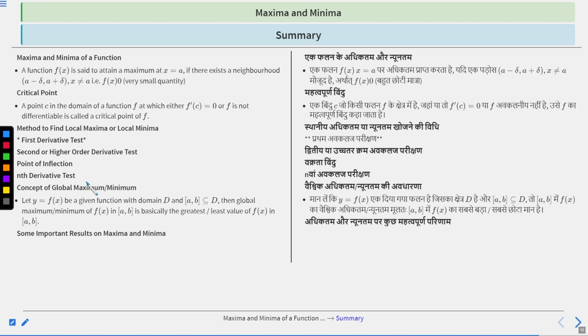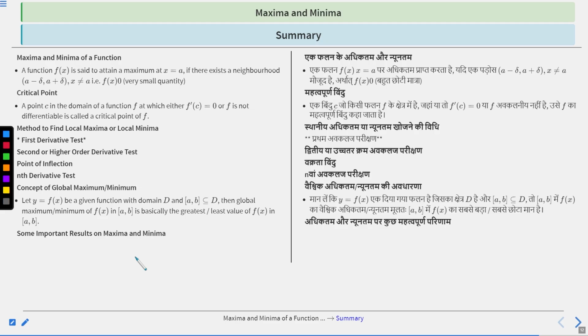After that, we have seen the concept of global maximum or minimum, in which we have seen: let y equal to f(x) be a given function with domain D and [a, b] a subset of D, then the global maximum or minimum of f(x) in [a, b] is basically the greatest or least value of f(x) in [a, b]. After that, in the last, we have seen some important results on maxima and minima, right?